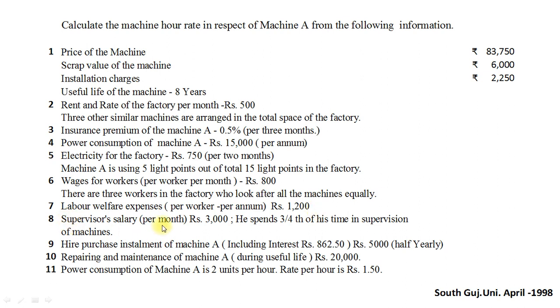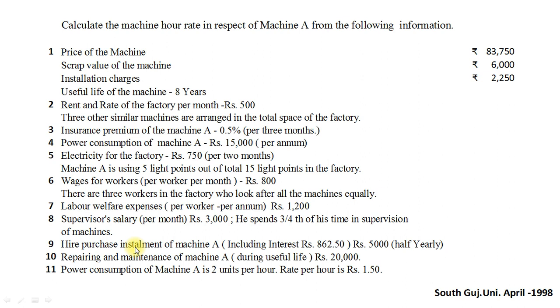Now supervisor's salary per month is rupees 3000, and he spends 3/4 of his time in supervision of machines. So per month 3000 multiplied by 12 is 36,000 per annum, and he spends 3/4 of his time in supervision of machines.